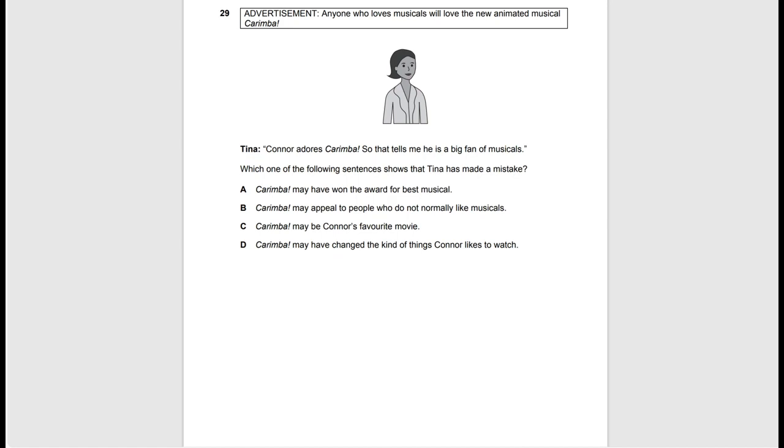So let's take a look. This is what we mean when we talk about one-way logical patterns. Anyone who loves musicals, if someone loves musicals, they will love Karimba.